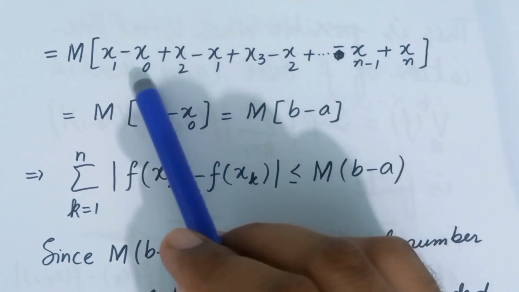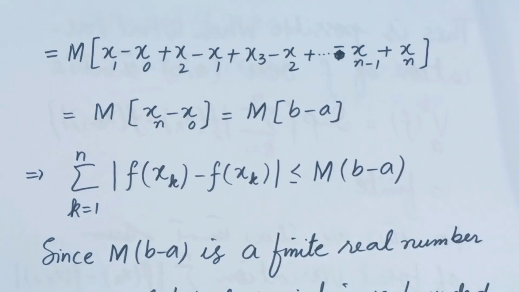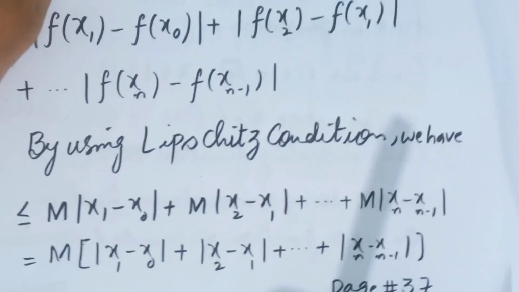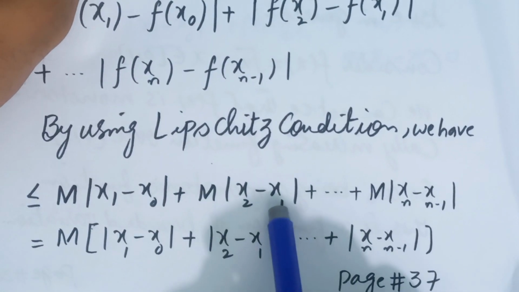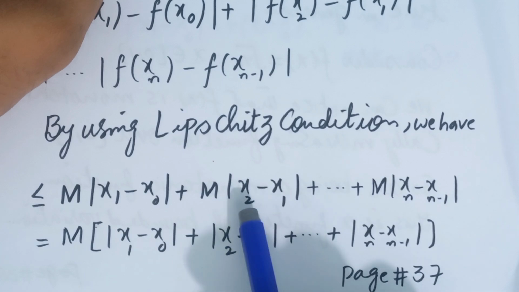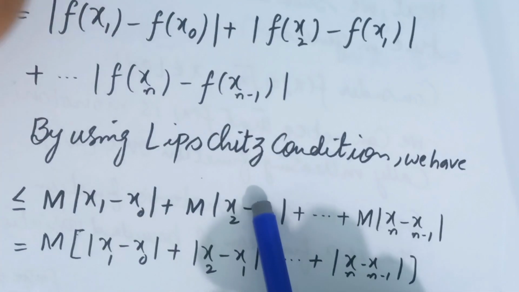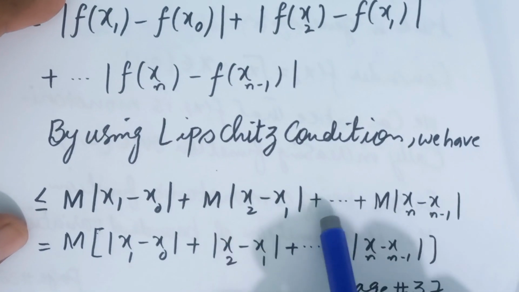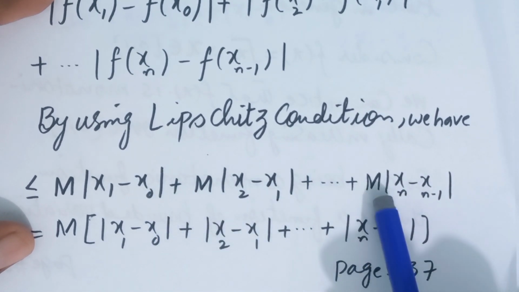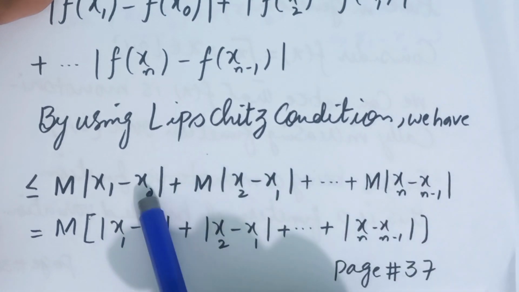These two terms will appear in this sum only one time, because you can take notice here, x1 is here and x1 is also here. Similarly, x2 appearing in the second term will also appear in the third term. So all the terms in this expression will appear two times, except the two points xn and x0.